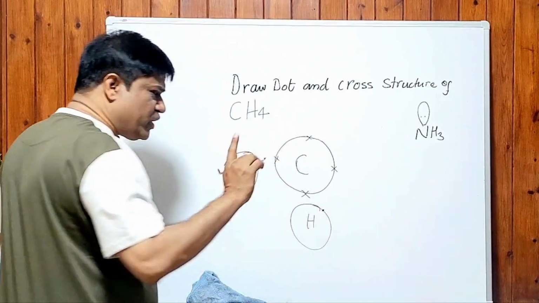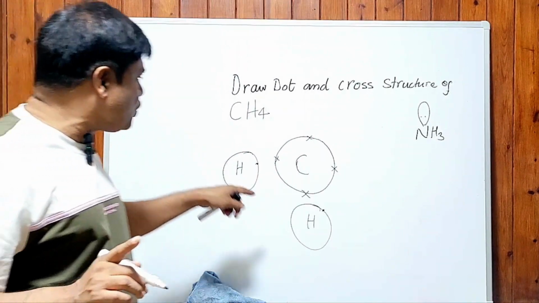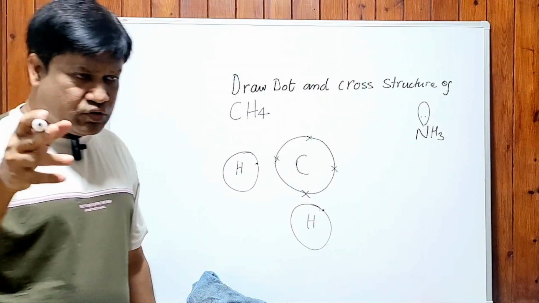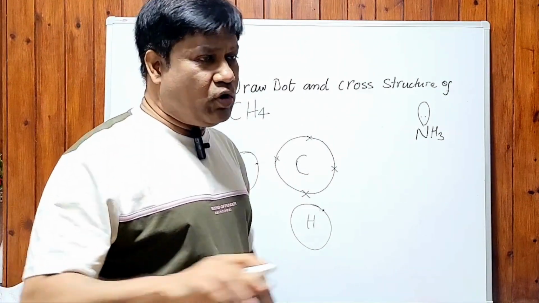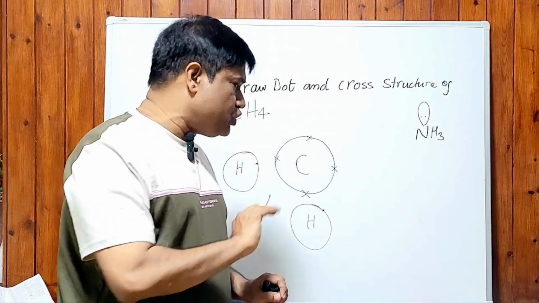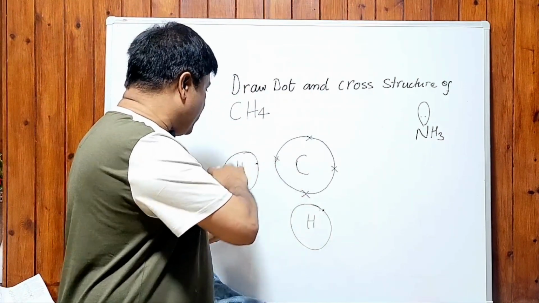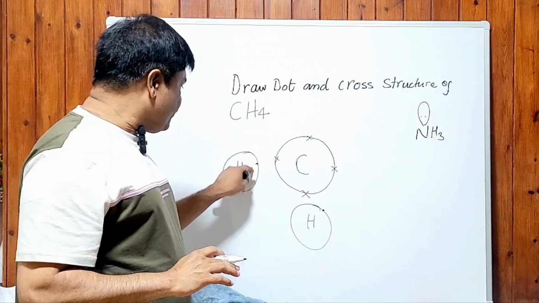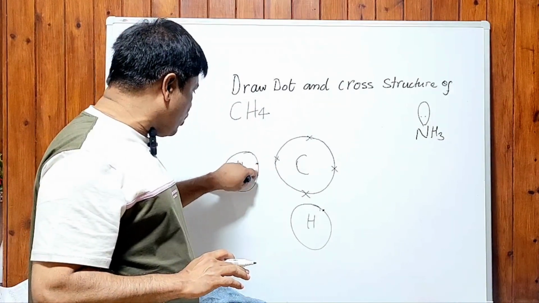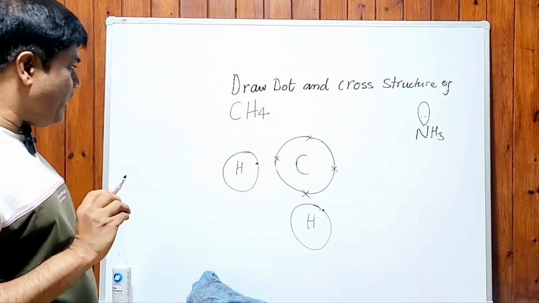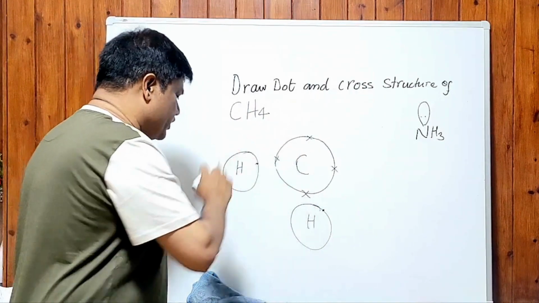There is no fixed rule that you always have to show the central atom, which is a single atom, with the cross electron, and all the surrounding atoms with the dot electron. No, you can swap it. You can shift it. You can draw cross here and dot here. There's no rule that we have to draw cross only for the central atom.